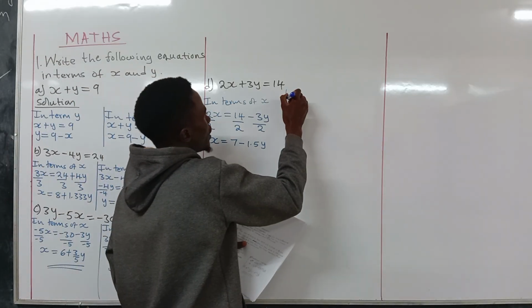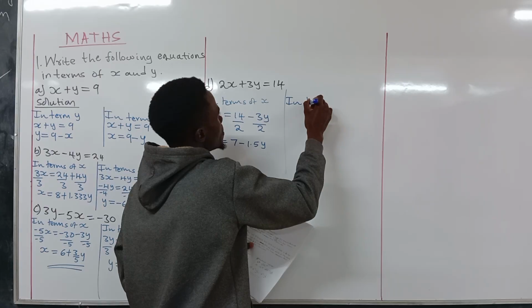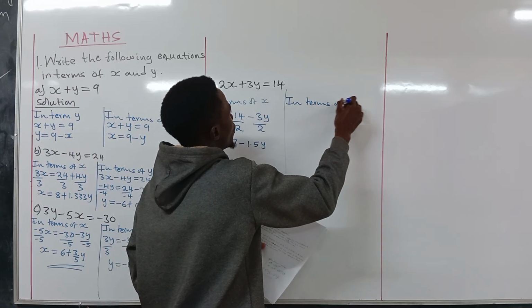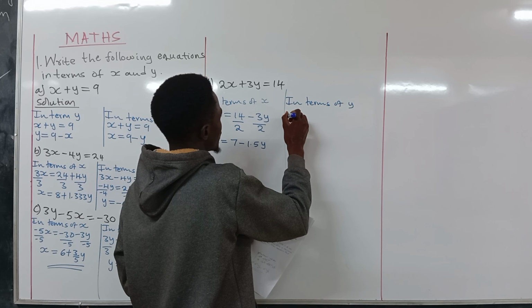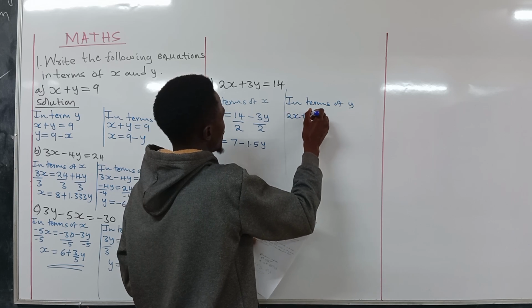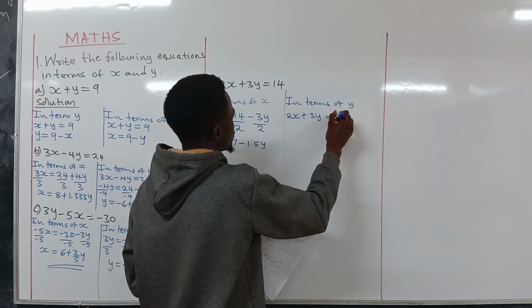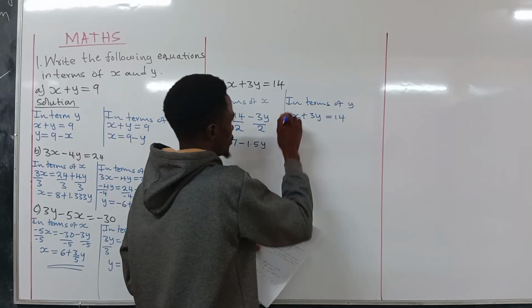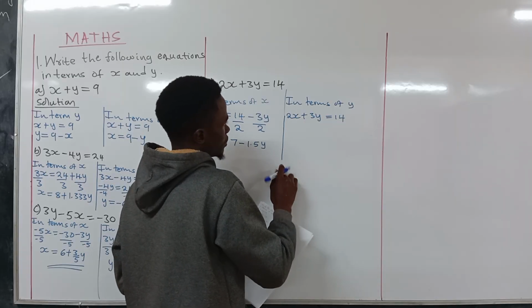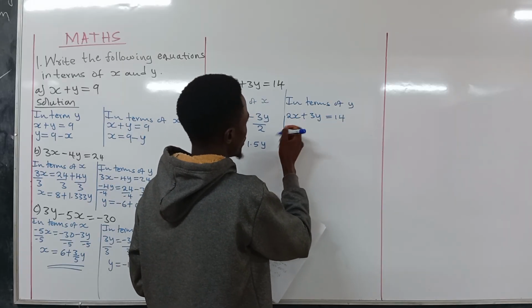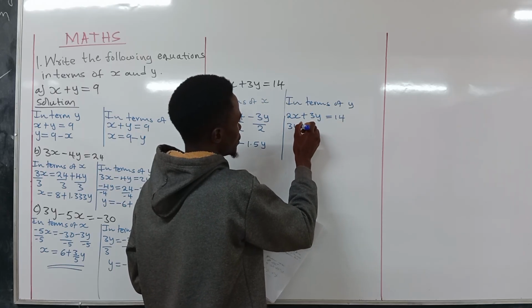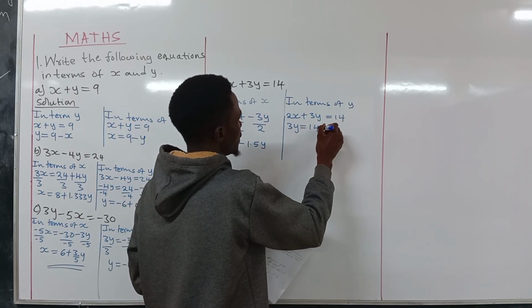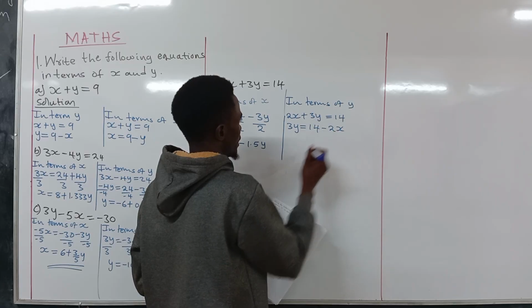So in terms of y, that is 2x plus 3y is equal to 14. That is the original question. So we have to remain with y on one side. It's going to give us 3y is equal to 14 minus 2x.